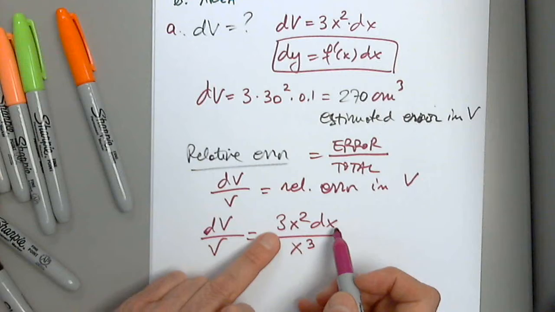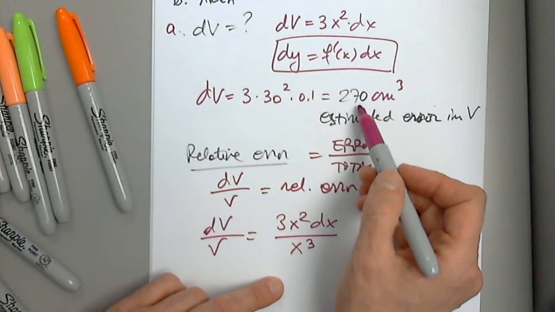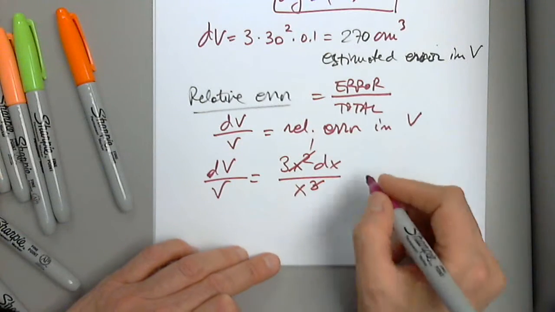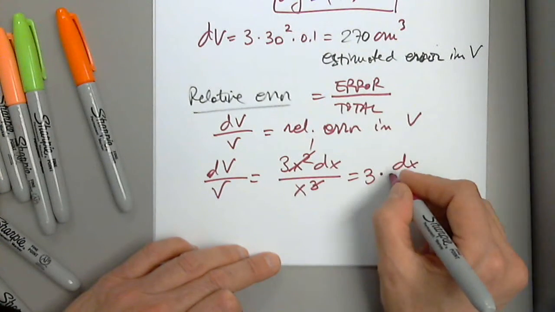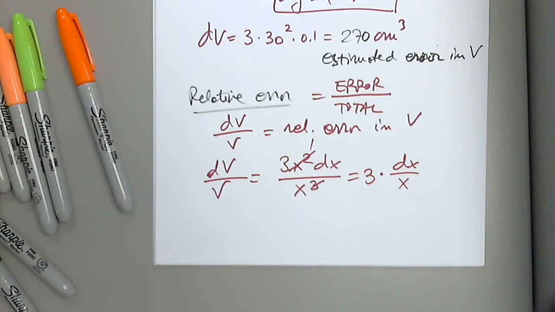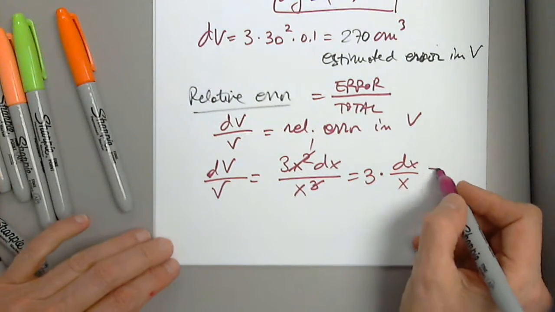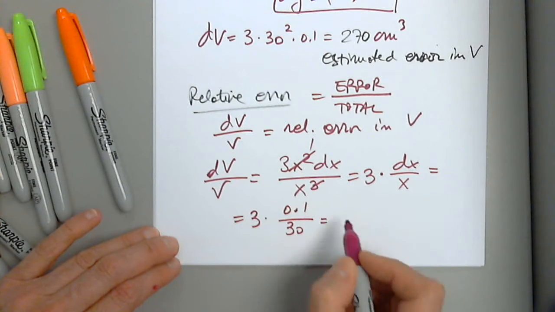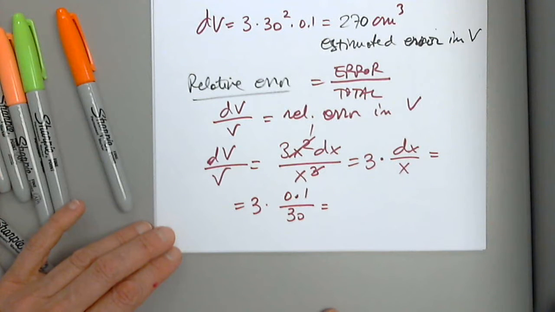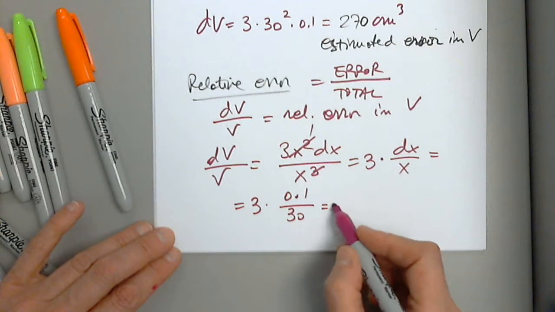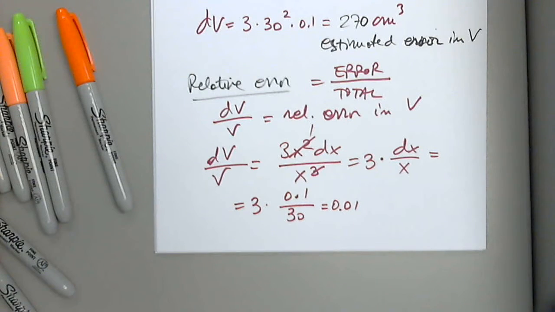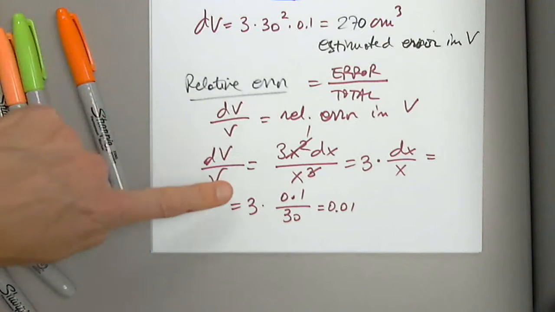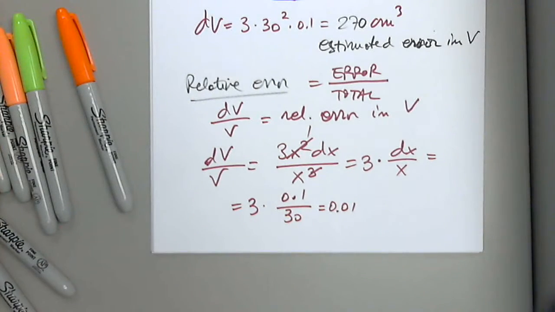You can say, why do you write the formula again? We know already it's 270. Yeah, I like to write it like this because I like to simplify, and show that this is basically 3 times the relative error in the edge. So this is 3 times 0.1 divided by 30, so this is 0.1 divided by 10, which is 0.01. There is no measurement unit. Cubic centimeters over cubic centimeters, no measurement unit.